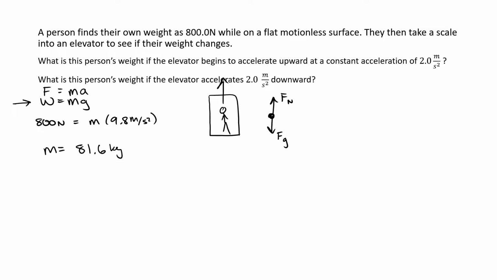So I should actually draw this a bit more to scale, like this. So that's why it's going upwards. There's a larger upward force than there is a downward force. Okay.